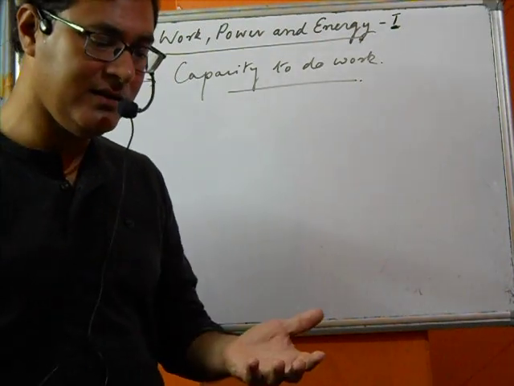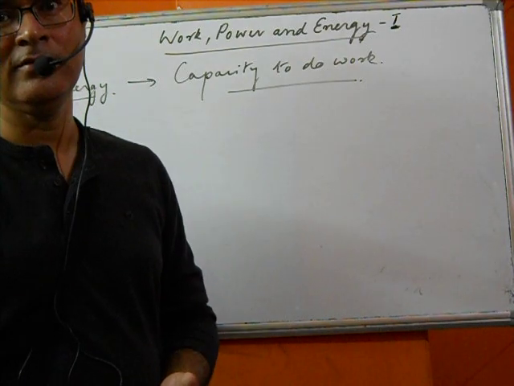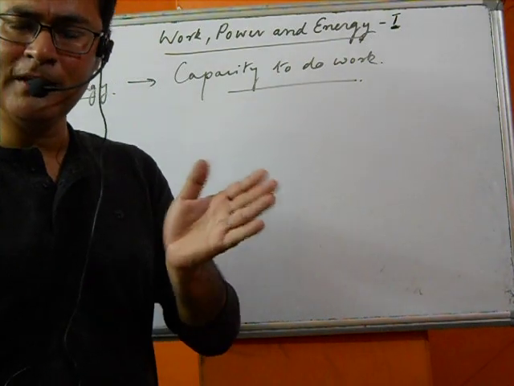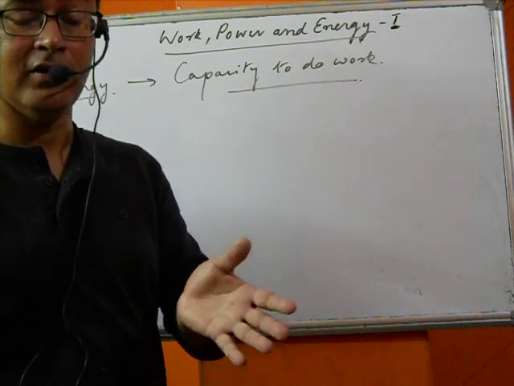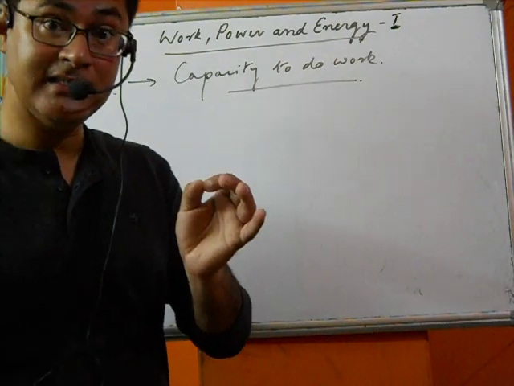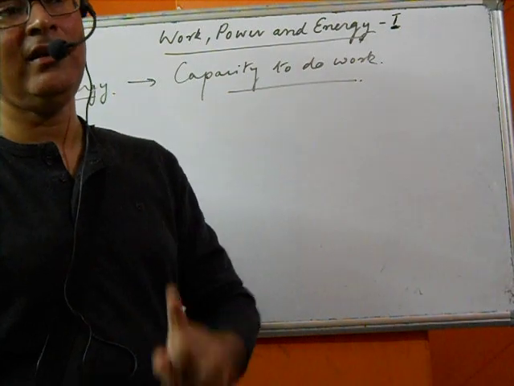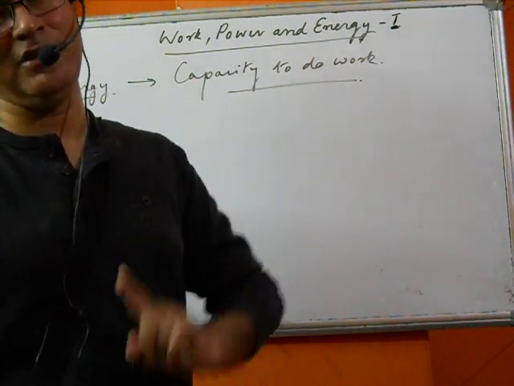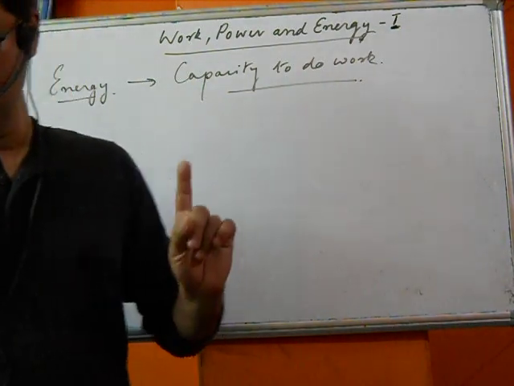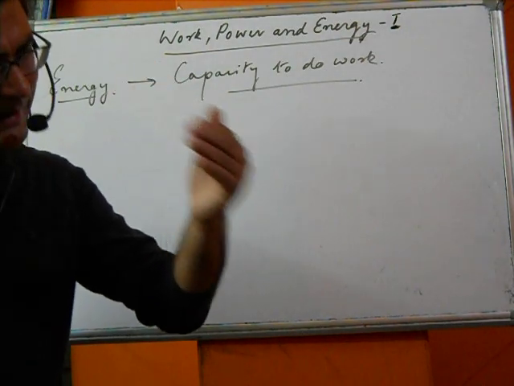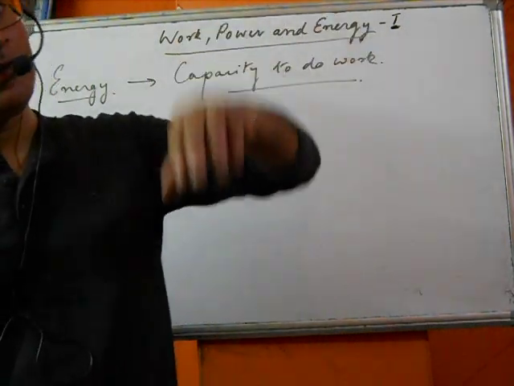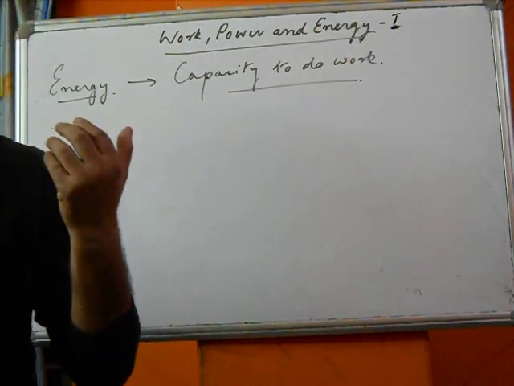I will judge my energy by the amount of work I can do. It is similar to work, but not exactly the same. The measurement is done by the amount of work that is done. If I can do some work, that means I've got energy. So if a body does work, its energy decreases. If work is done on the body, the energy increases.